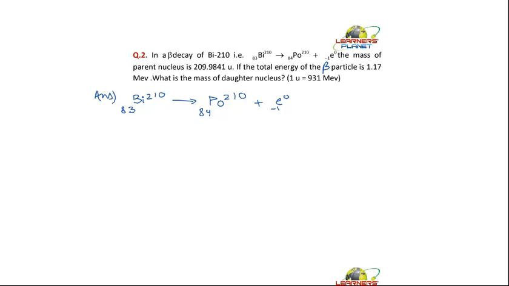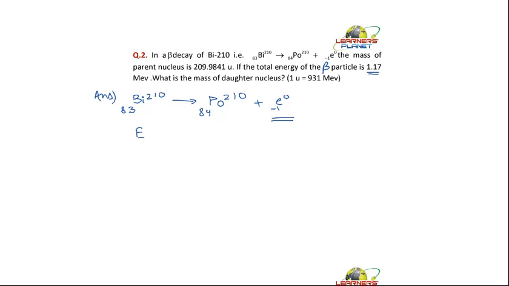The total energy of the beta particle is given, that is 1.17 mega electron volts. That is the energy released in this equation. Now what is the mass of the daughter nucleus? The total energy released is 1.17.